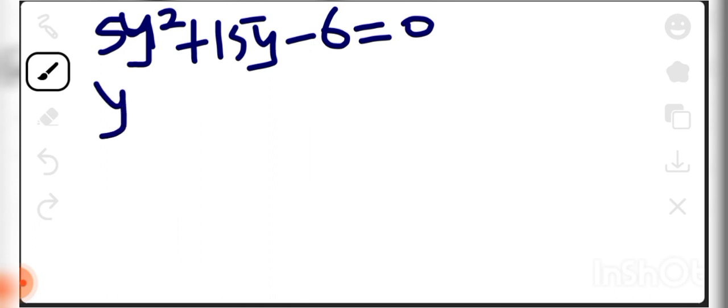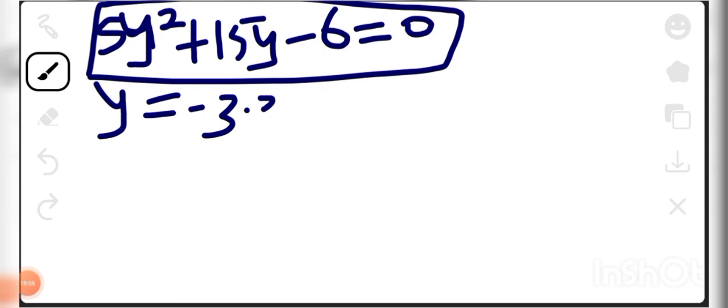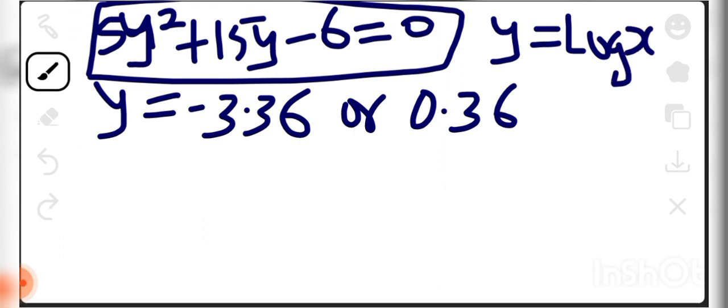So y will be equal to, if you use your almighty formula or calculator method, you're going to have the following values for y: minus 3.36 or 0.36. Remember our y was actually log x to base 10.